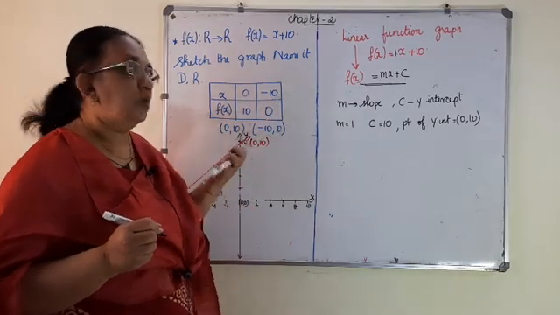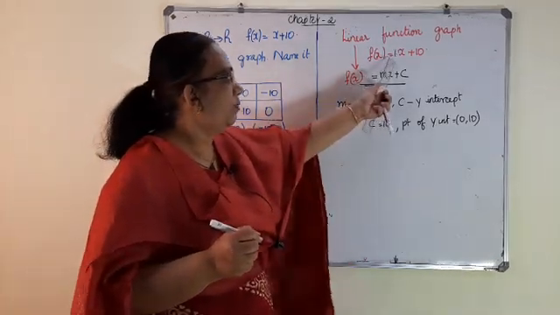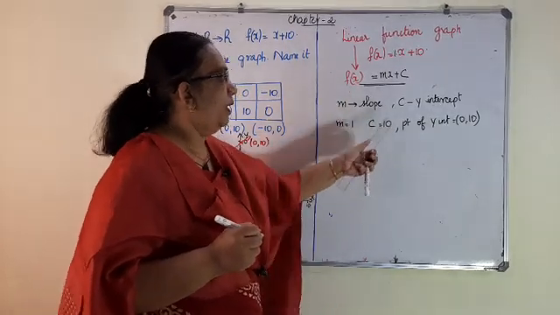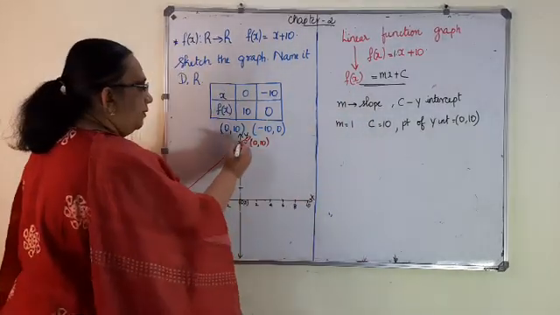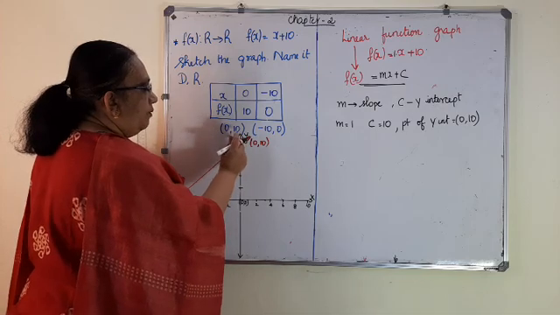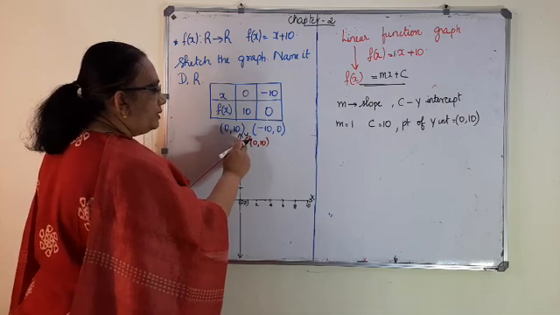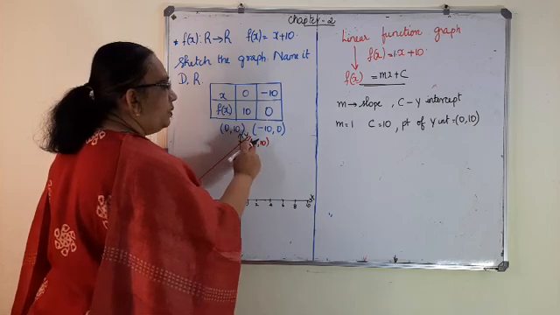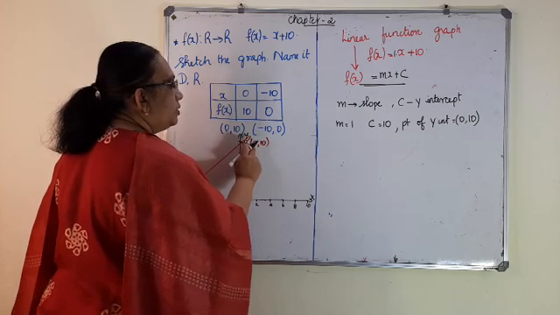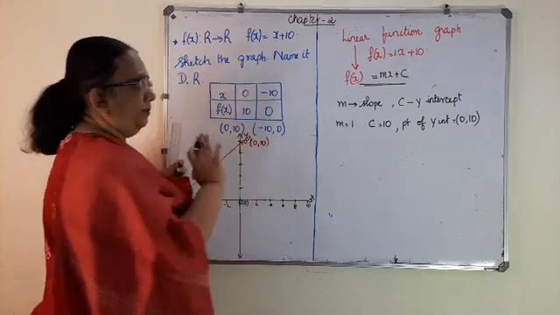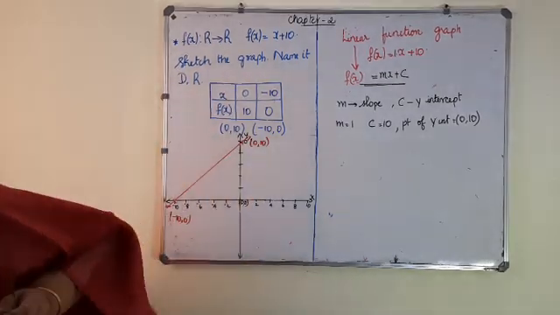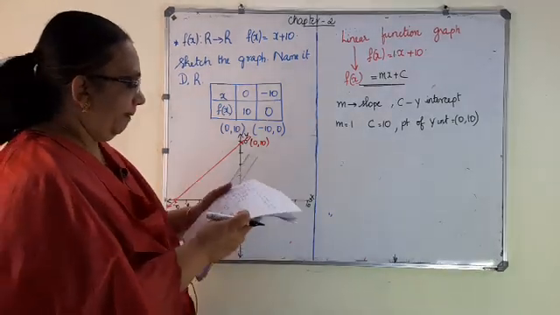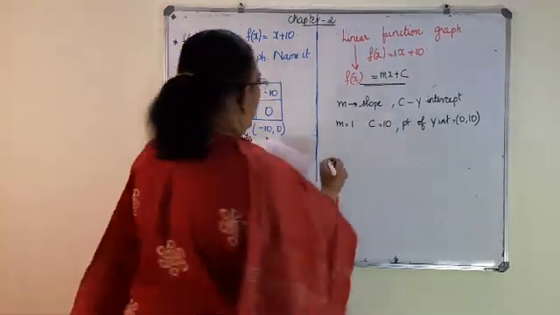M and c are constants. Here m is equal to 1 and c is equal to 10. The point of y-intercept means where the graph cuts the y-axis. The intercepting point has an x coordinate and a y coordinate, so that is 0 comma 10. Now this is important. Based on this, there is an example, the miscellaneous type. Take down the question.